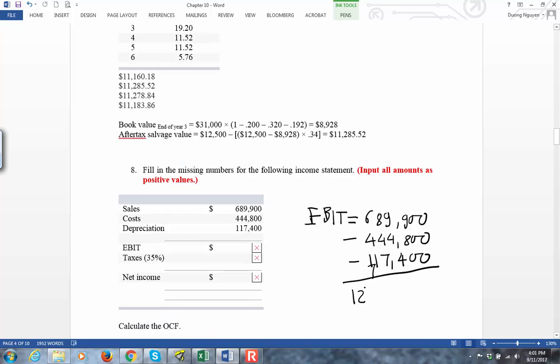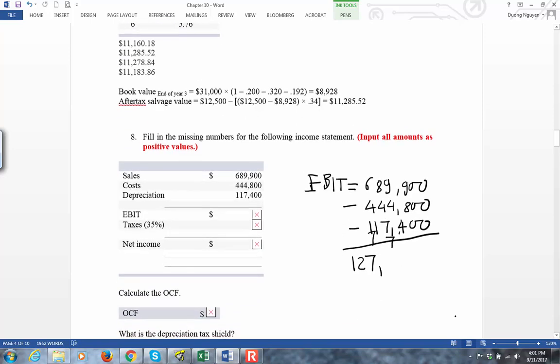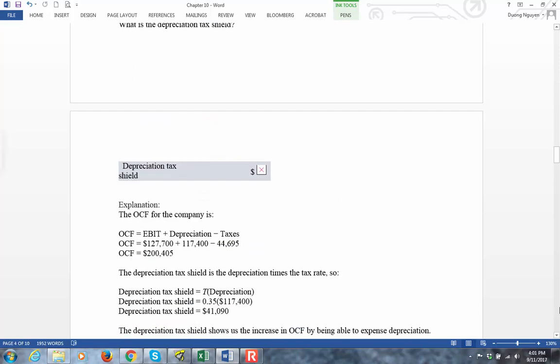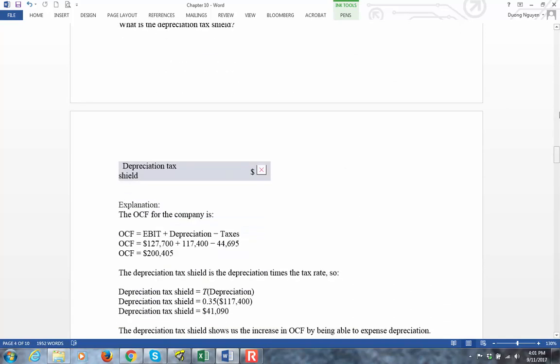Sorry, 127,700. This is EBIT, earnings before interest and tax. So you have EBIT plus depreciation, add back depreciation, which is 117,400, and minus taxes.